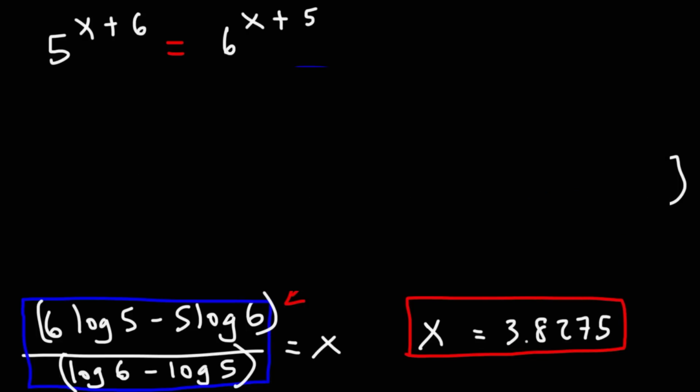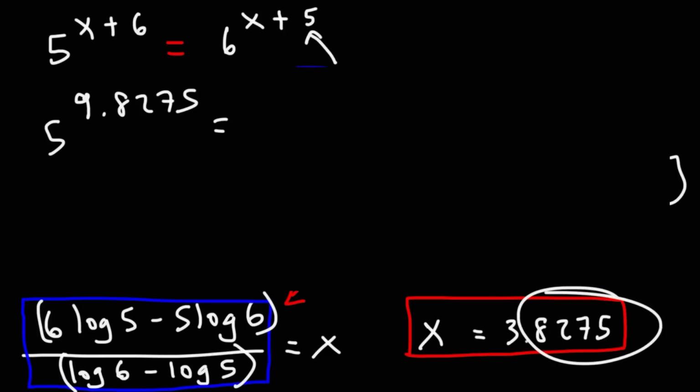But now let's make sure this answer is correct. So we're going to plug it in. So I'm going to plug it into here. If we add 6 to this number, x plus 6, that's going to be 9.8275. Here we have x plus 5, so I'm going to add 5 to that number.